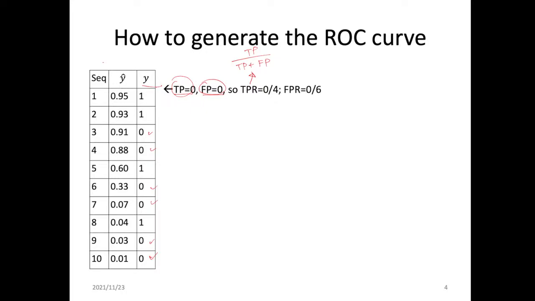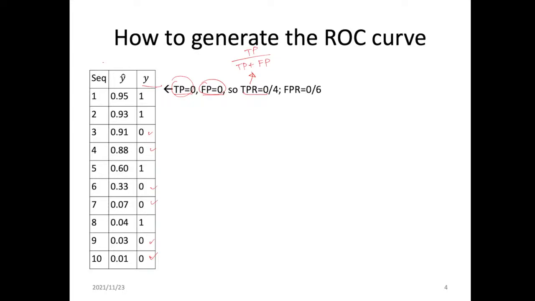So the true positive rate is, out of the truly positive instances, how many of them are correctly predicted as positive by my model. The definition is TP divided by TP plus FP.